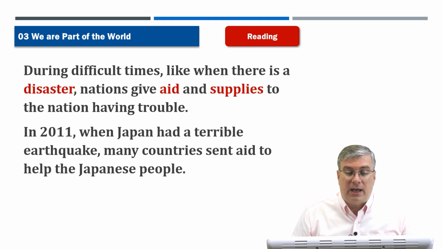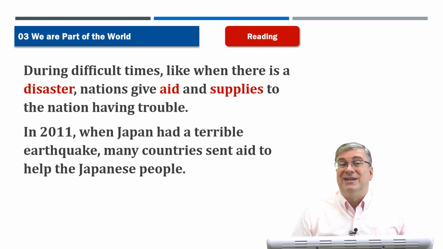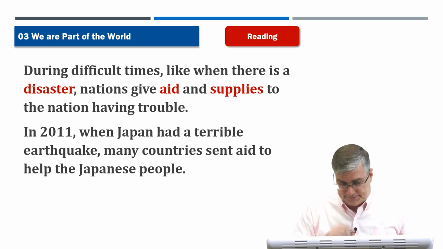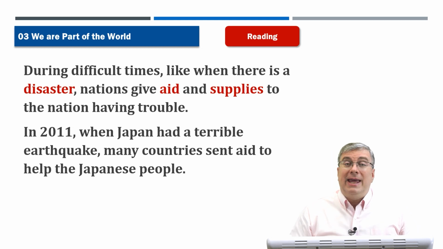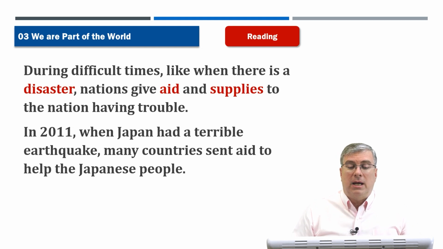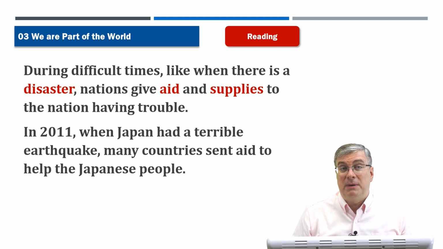During difficult times, like when there is a disaster, nations give aid and supplies to the nation having trouble. In 2011, when Japan had a terrible earthquake, many countries sent aid to help the Japanese people.